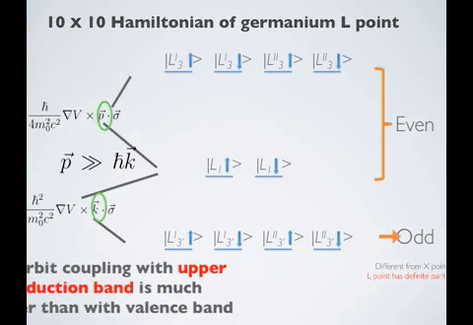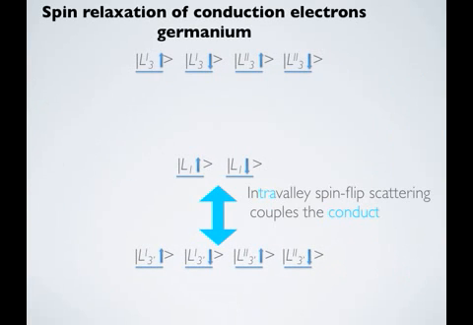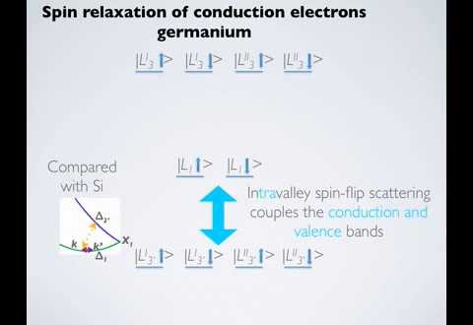So go to the spin relaxation. In the spin relaxation, the intravalley scattering is between the conduction band and valence band, while the upper conduction band doesn't play a role because, similar to the intravalley scattering in silicon, the k-independent coefficients cancel with each other due to the orthogonality of the bases.